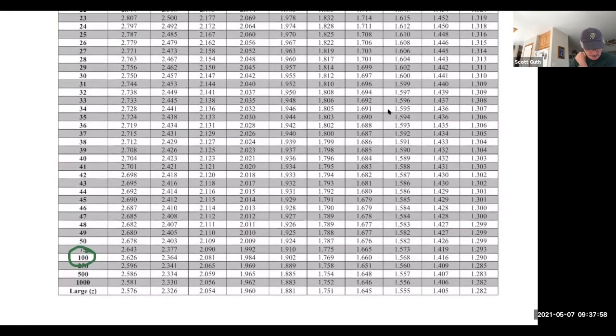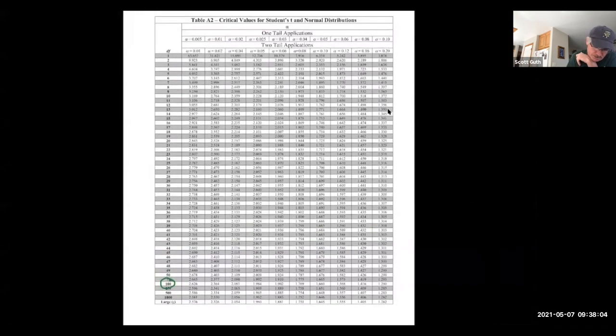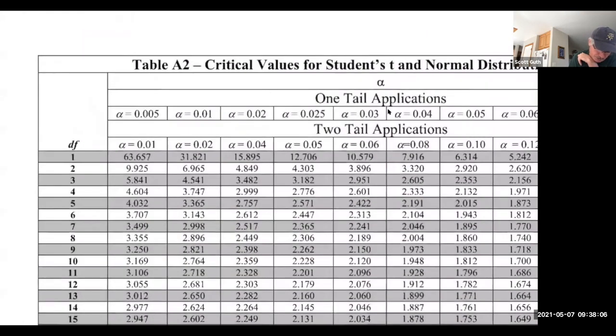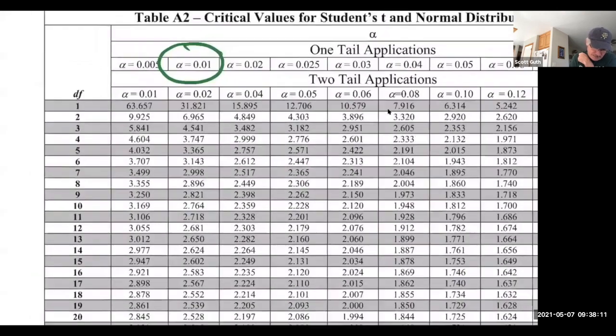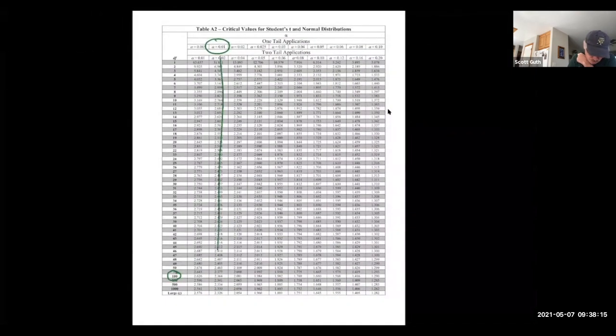Again, our alpha is 0.01, but it's a one-tailed test this time, I think. So you have to look at one tail 0.01 here. And then bring those together. So let's see if I can draw this in here. Right there, I think. I'll zoom in on that.